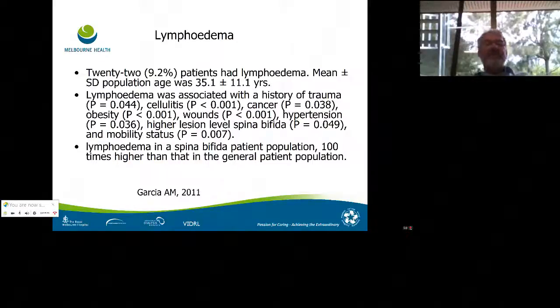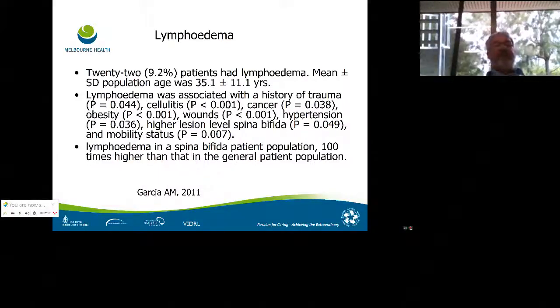It can be associated with trauma, cancer, wounds, higher level, and mobility status, as I said, especially wheelchair users. And according to Garcia in 2011, it was 100 times higher than that present in the general patient population. So be aware of that.